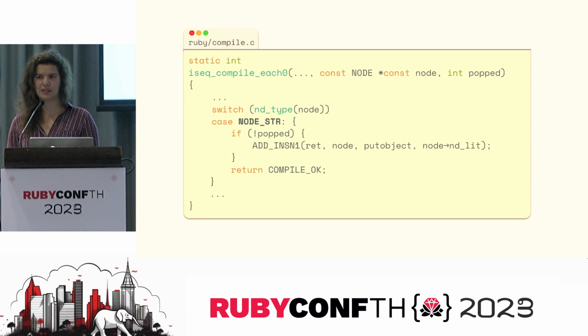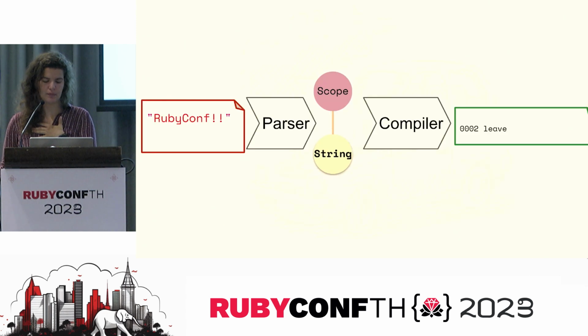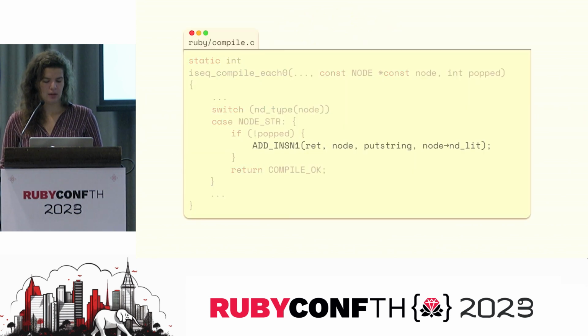What we want to look at is node string, which happens to be almost exactly the same little case statement, except instead of put object, it's a put string. Indeed, if we run this through the compiler, we get this put string with RubyConf, which came, as we can see right from here, from the literal value on the node. It gave us a put string with that string RubyConf.